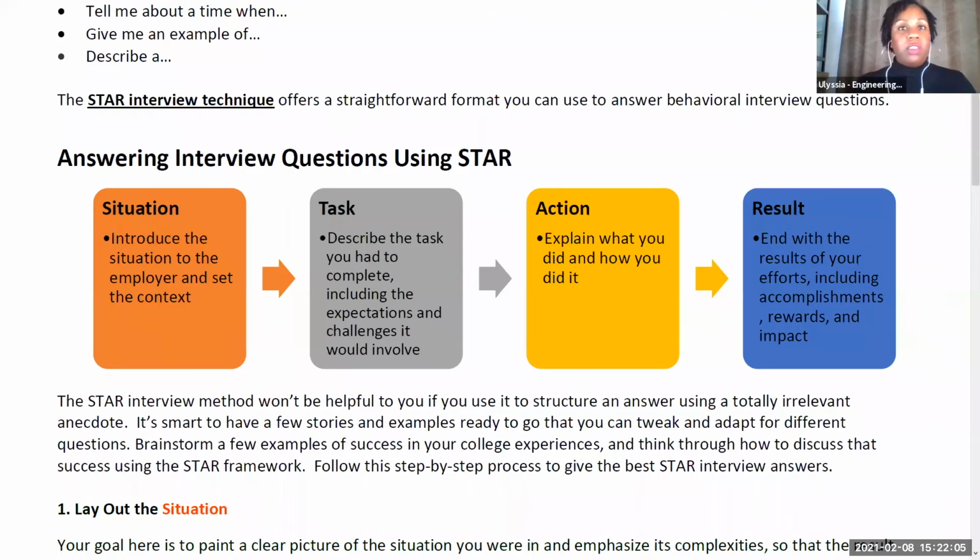And then finally, the results. This is a fairly short part of the answer as well. You have to conclude the experience by telling what happened. So I might say, as a result of taking the time to speak with my lab mate and to offer a solution, she was able to do a better job of fulfilling the responsibilities that she picked up.